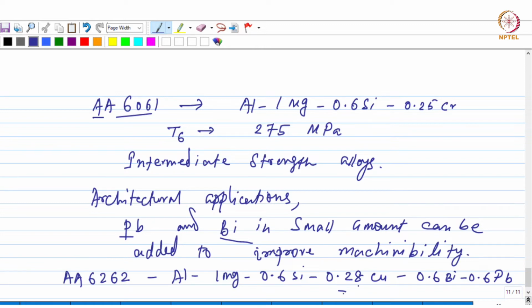And little chromium also, which is good for grain refinement because it inhibits the grain growth.